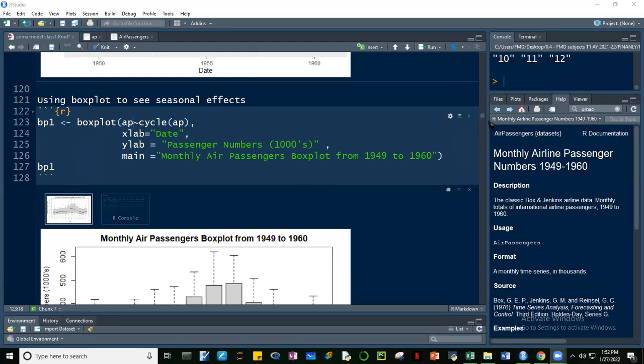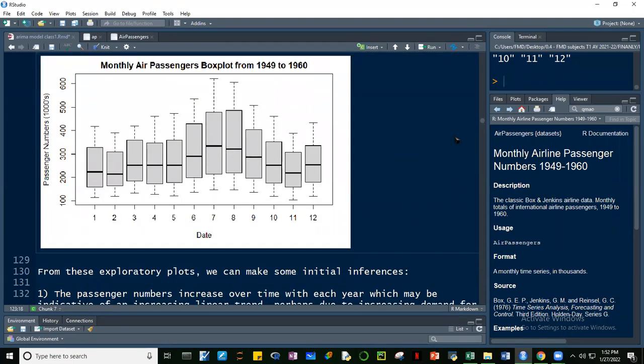Thank you Masahiko. So we are plotting the box plot on a monthly basis.